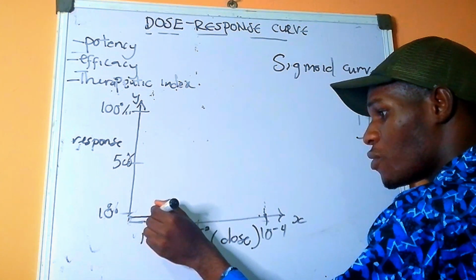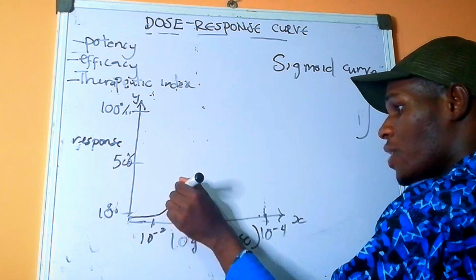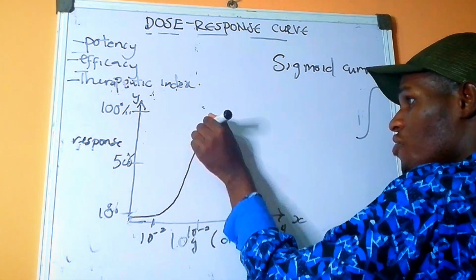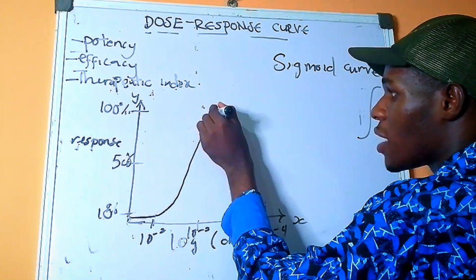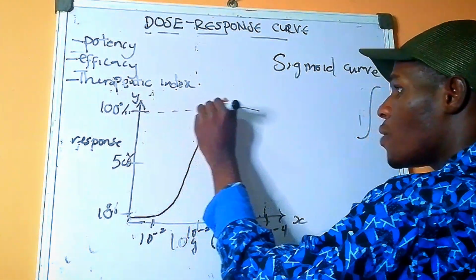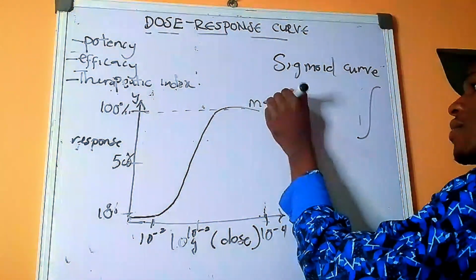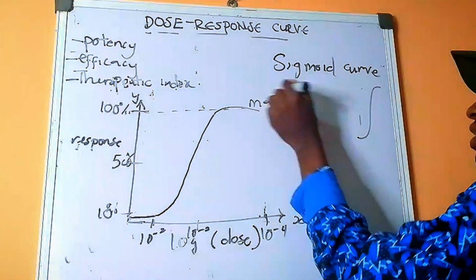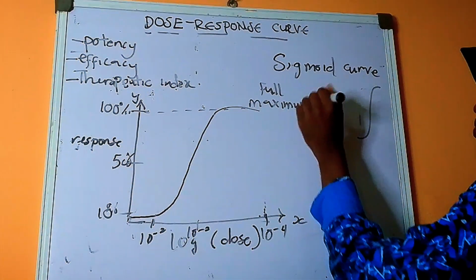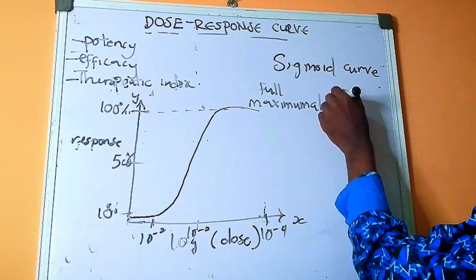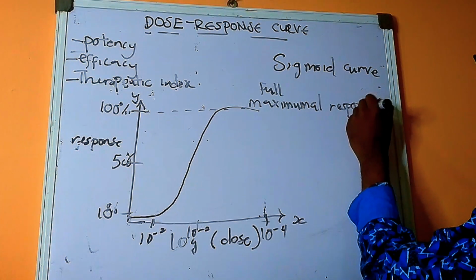There will be a noticeable response or effect, and it will begin to increase until it reaches the full maximal effect. Remember, the same thing for the full maximal response or effect, the same thing for the rectangular hyperbola.